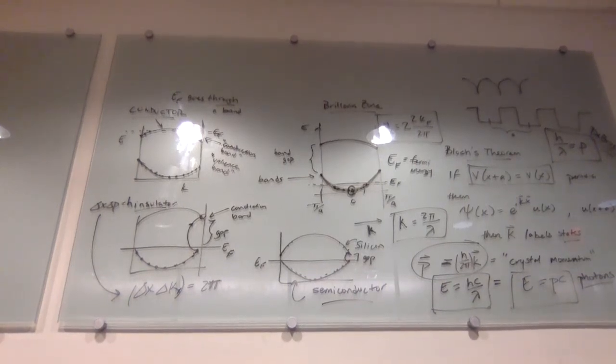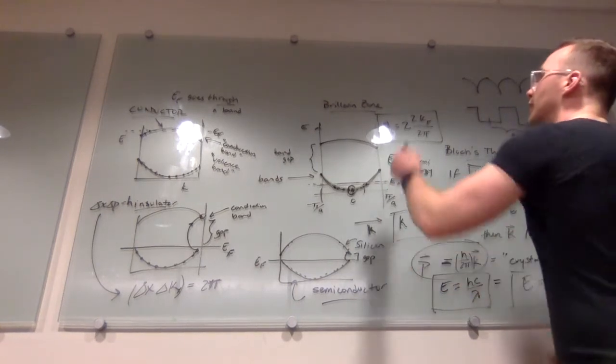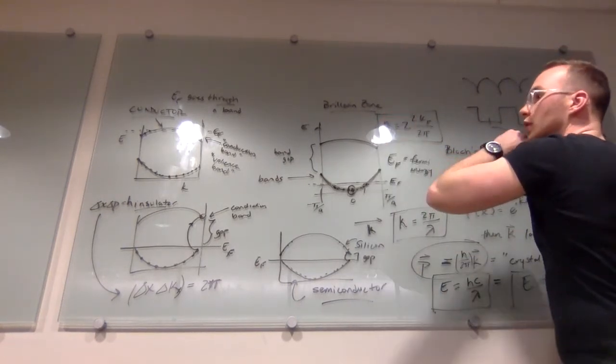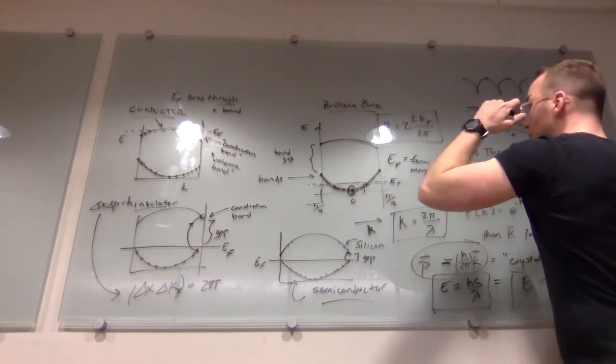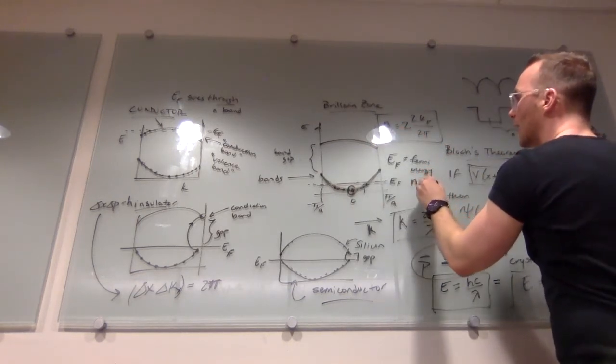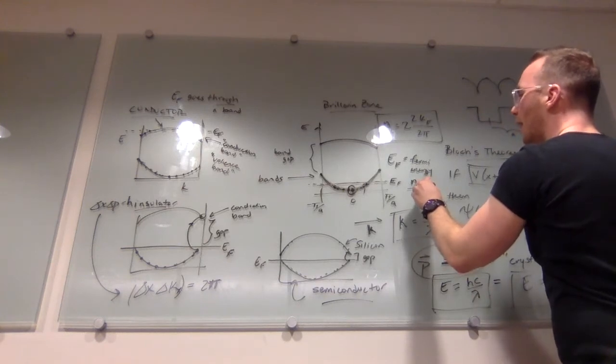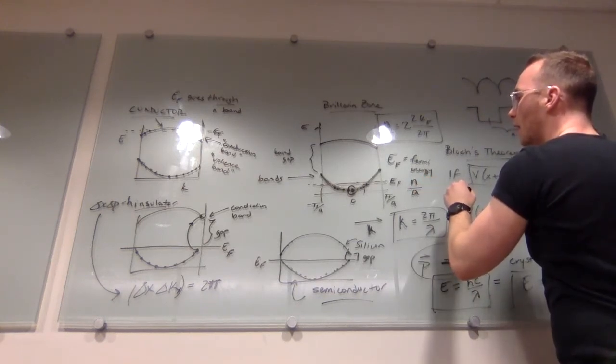So this one, fill this in. So the equation to find out how many electrons per meter. If this is the number of electrons n in this level, then the electrons per meter would be n over a, right?